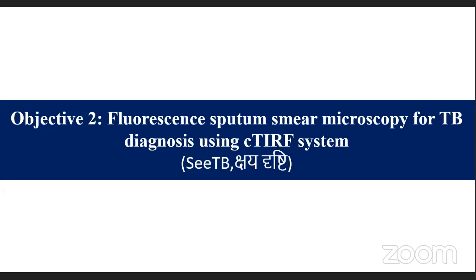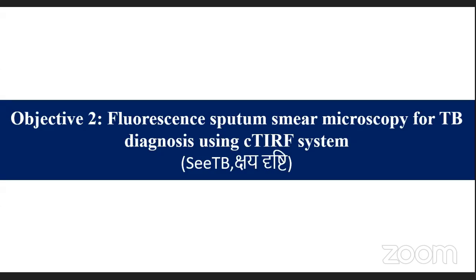Not only a fluorescence microscope, but a compact total internal reflection fluorescence microscope. So we thought of putting one of our devices in such a bright field microscope, and if we can use it for diagnosis purposes, then it will be a great intervention. Then we don't require high-end microscopy to get into fluorescence-based diagnostic systems. We can use this particular device only, and the existing infrastructure would be good enough.